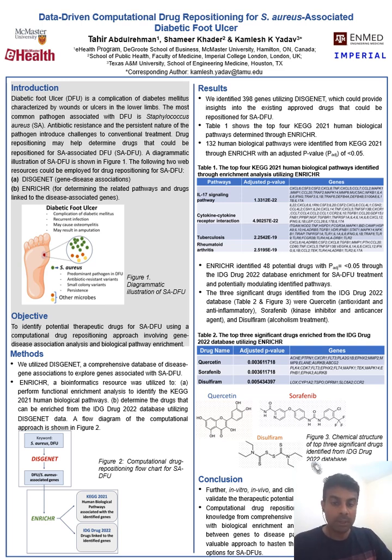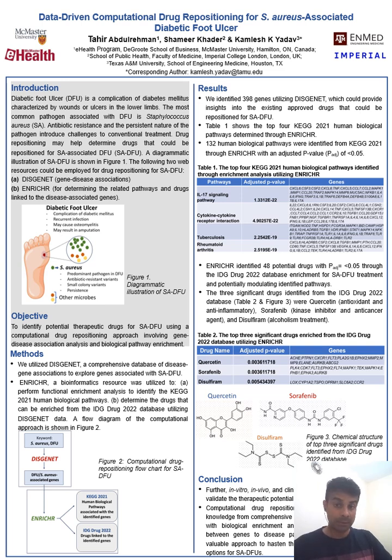Also, we conducted an enrichment analysis of the IDG drug 2022 database to find drugs that could potentially be repurposed for aureus associated diabetic foot ulcer. So we have given a flowchart of our methodology in the poster.